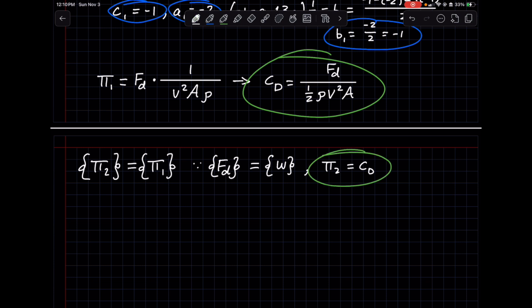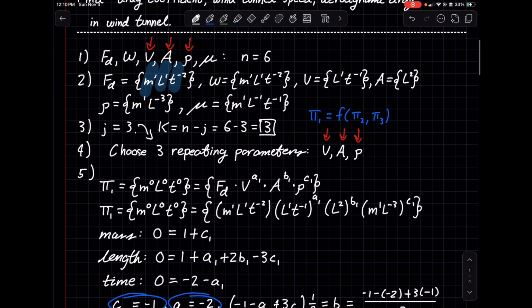Lastly, we are going to be looking at pi 3. As we are going up here, remember left to right, we already solved for our drag force and our weight, and we only have one more to go, which is our kinematic viscosity.